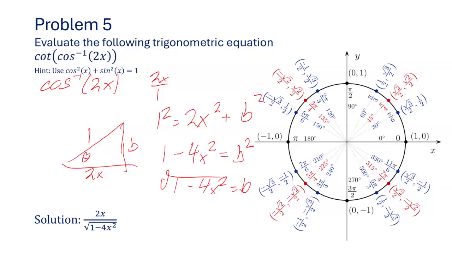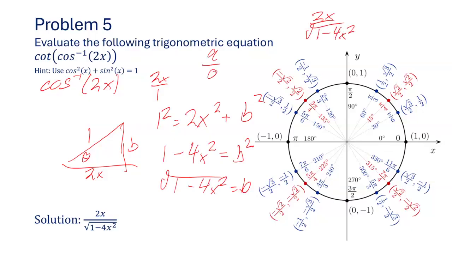So now we know our opposite side and our adjacent side, but we want the cotangent, so we want the adjacent side over the opposite. So we're going to grab our adjacent side, 2x, over the square root of 1 minus 4x squared.